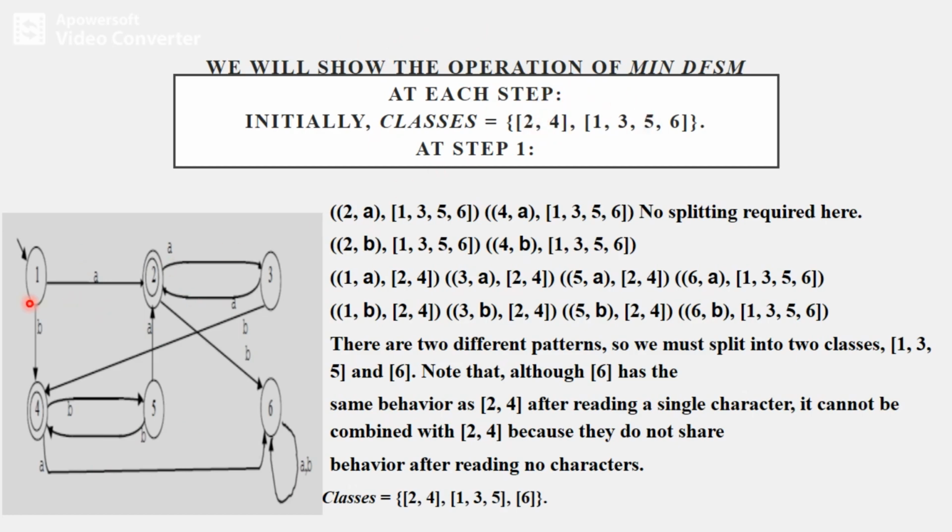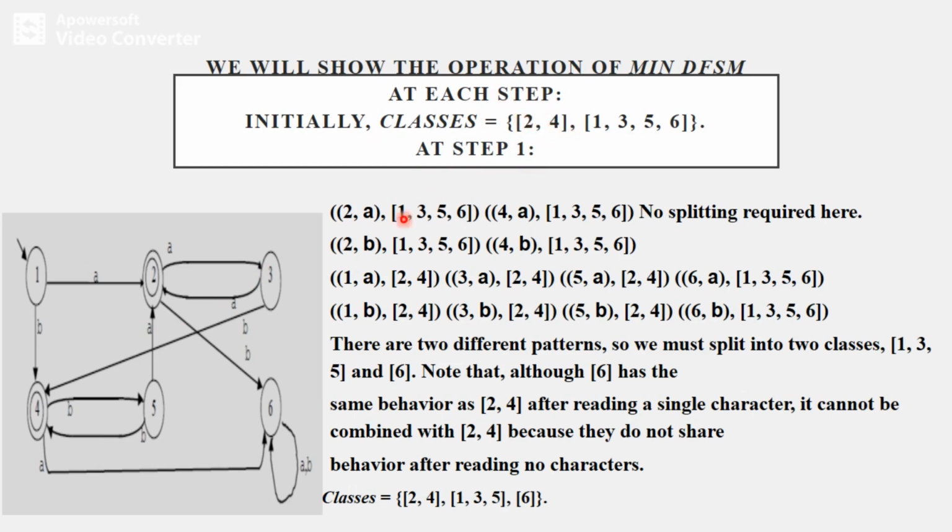Here you can see that 2 and 4 are accepting states and the remaining are non-accepting states, which I have mentioned here. Let's apply the first step on this. Let's consider the group 2, 4.